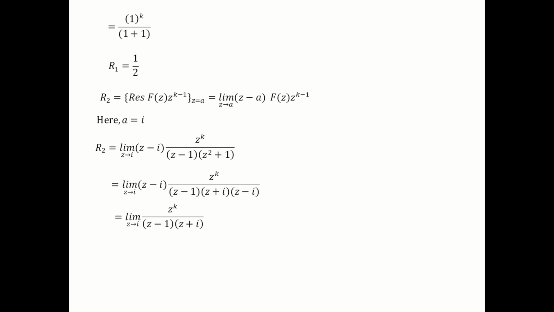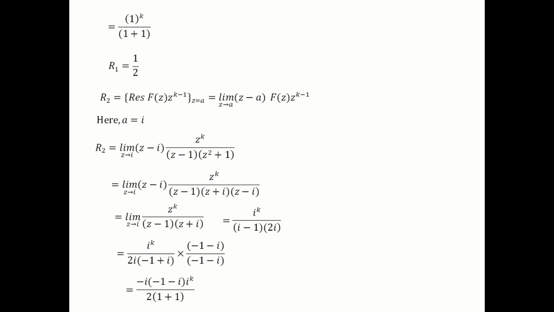Substituting the limit, i power k by i minus 1 into i plus i, that is 2i. So 2i into minus 1 plus i. We multiply by the conjugate of minus 1 plus i, that is minus 1 minus i, and divide by the conjugate minus 1 minus i, right?